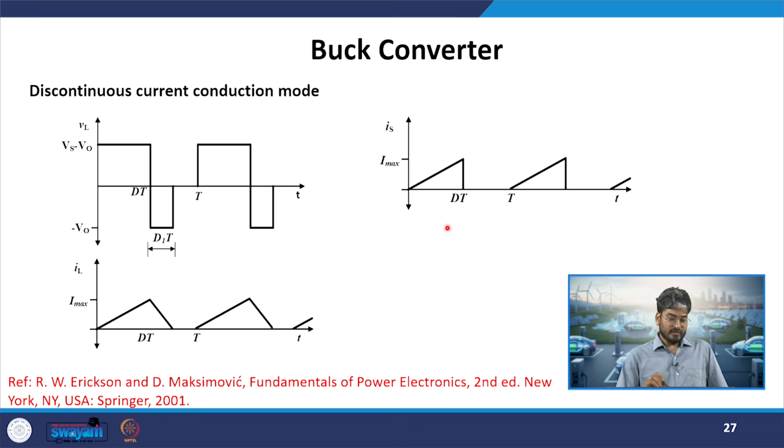Now, the second mode of operation of your buck converter is the discontinuous conduction mode. We will see that in the next lecture. In today's lecture, what have we covered? We have seen our switching device, the IGBT, and that IGBTs and MOSFETs have exactly complementary characteristics.